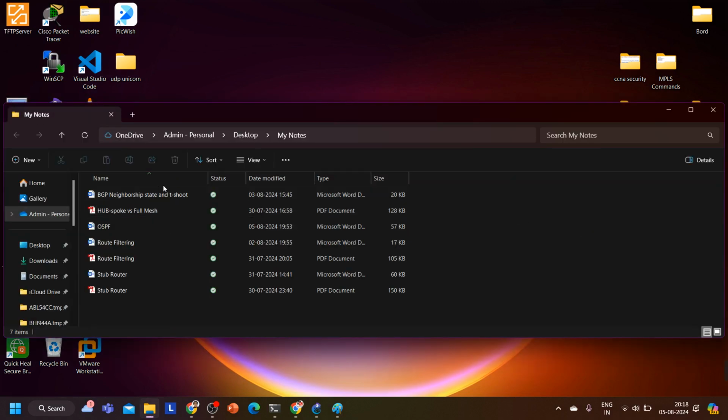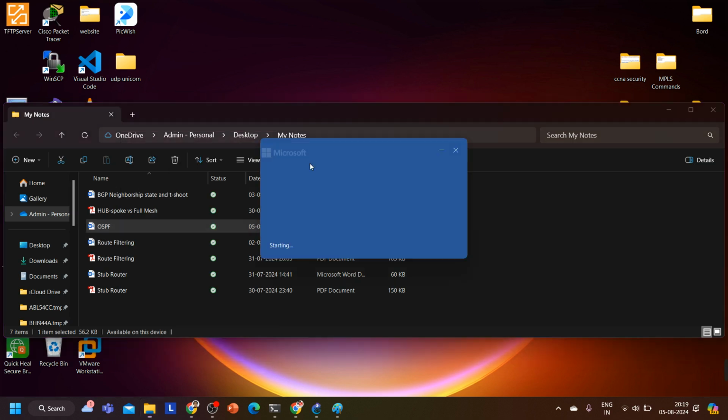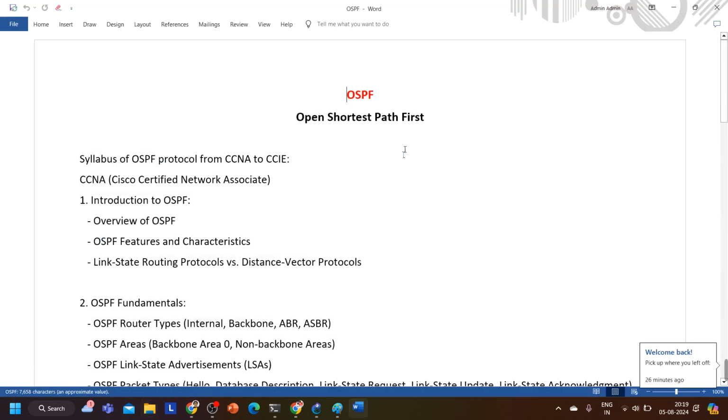In IGP, we have multiple types of routing protocol like distance vector, advanced distance vector, and link state. So I am asking the difference between distance vector and link state routing protocol. That's it.